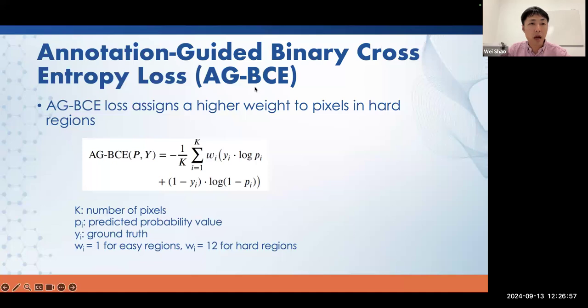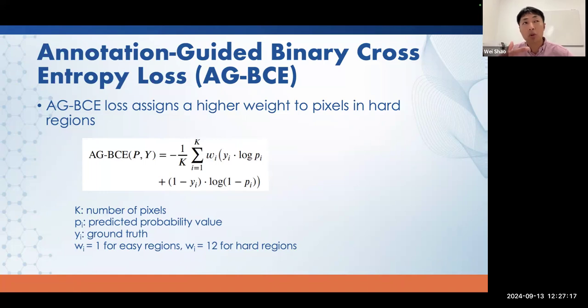Another innovation is that we redesigned the traditionally used binary cross-entropy loss for image segmentation, and we call this new loss annotation-guided binary cross-entropy. It takes the difference between the non-expert annotations and the expert annotations.